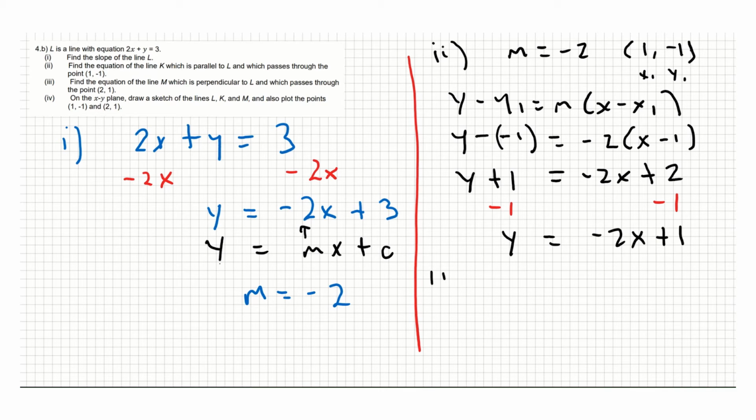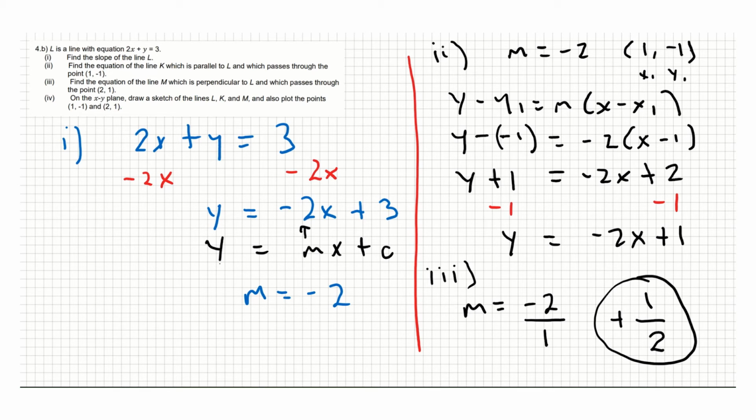I think I might fit in part 3 here. Find the equation of the line which is perpendicular. So a perpendicular slope. The slope we have is m equals minus 2, which is the same as minus 2 over 1. For a perpendicular slope, we turn it upside down, that's 1 over 2, and we change the sign. So this slope is negative, so this slope will be positive. So that slope now is perpendicular.